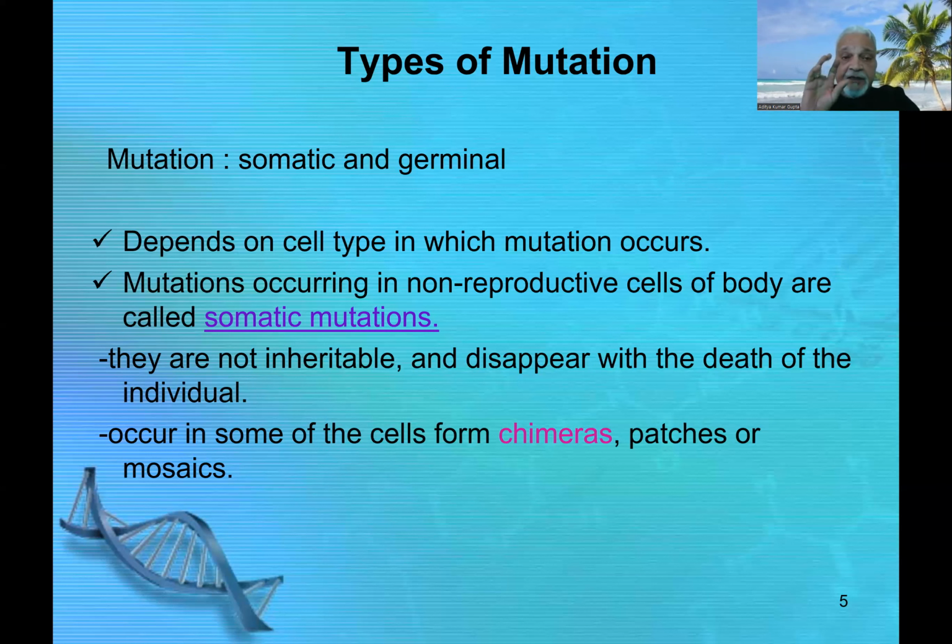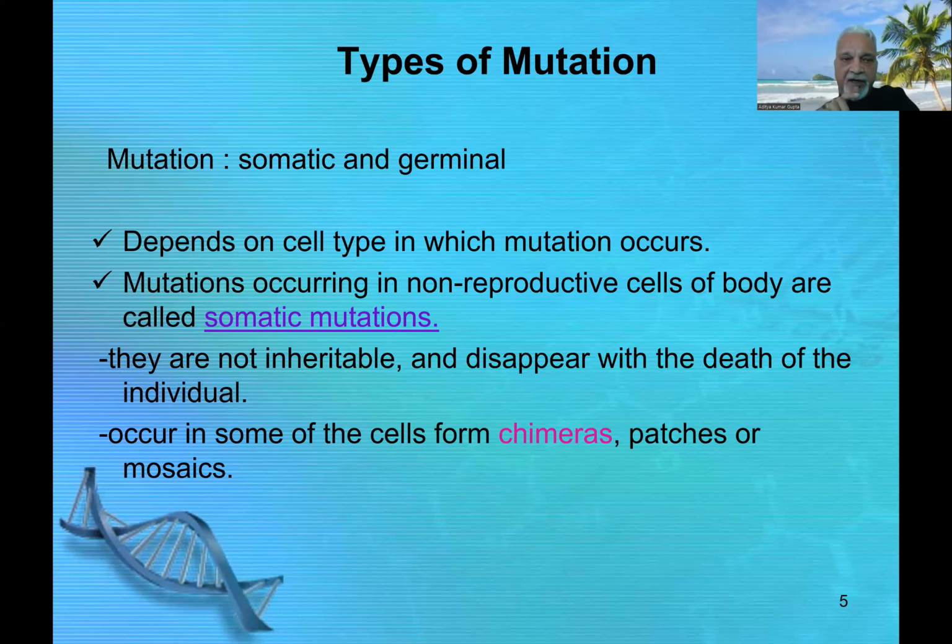But then one type of classification which is followed is based on the type of cell it is targeting: somatic cell mutations and germinal cell mutations. Now, the mutations occurring in somatic cells are not heritable.